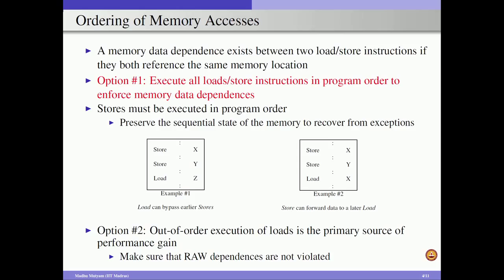As long as we ensure true dependencies are not violated, we can execute our load instructions in an out of order and speculative way, so that the overall performance can be improved. Now, in order to support load bypassing and load forwarding, we have to see how our load store unit needs to be designed in the dynamic execution core of the superscalar processor.